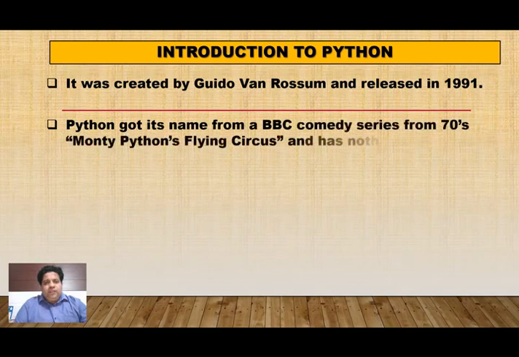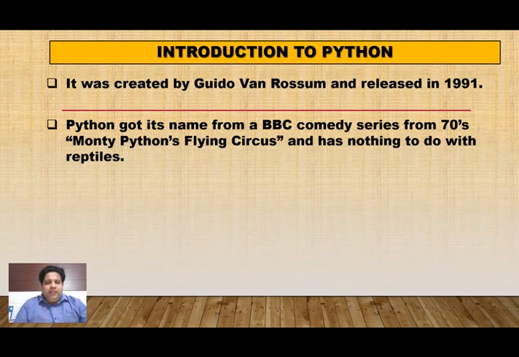Most of you think that Python is the name of a snake, means it is a reptile. But this is not true. In 1970s, there was a comedy series telecast on BBC with name Monty Python's Flying Circus.